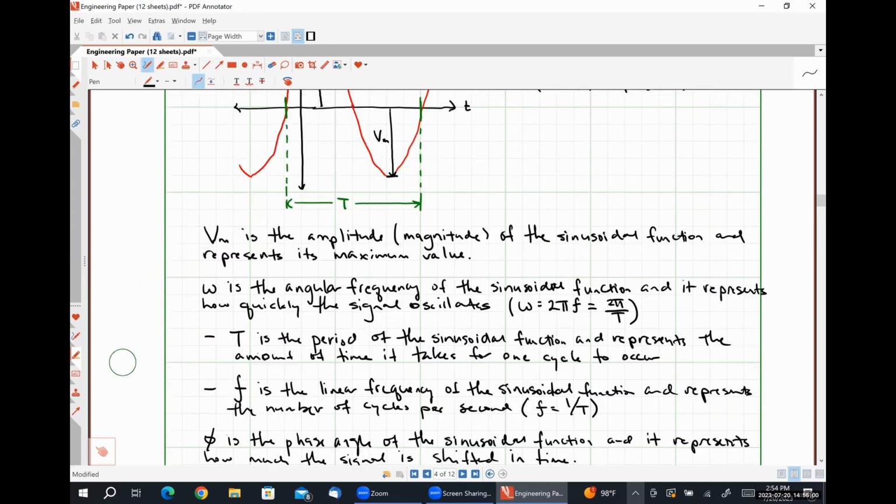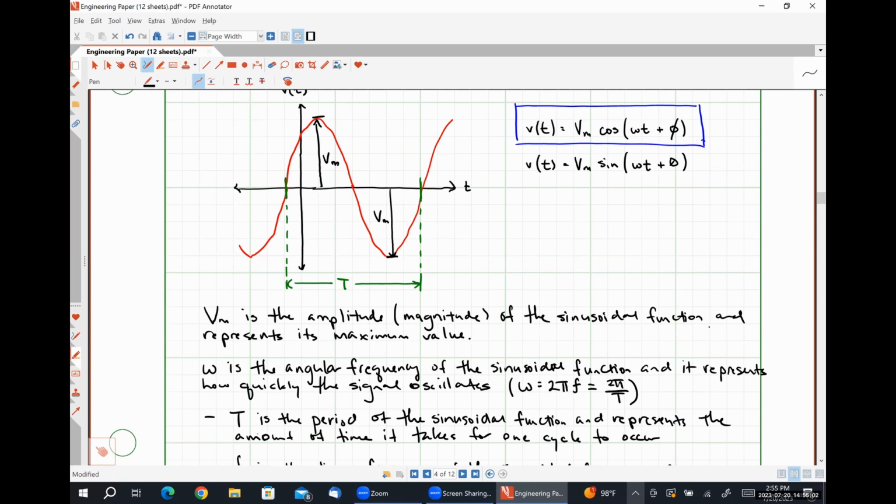So let me scroll up here so I can explain what I mean by that. If we are looking at this red waveform as a cosine function, it is shifted in time slightly to the right.